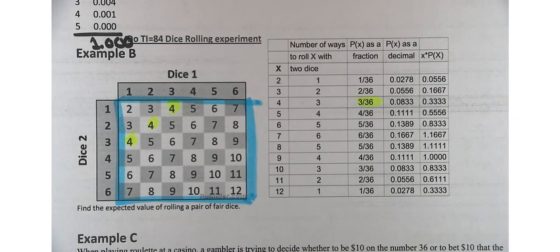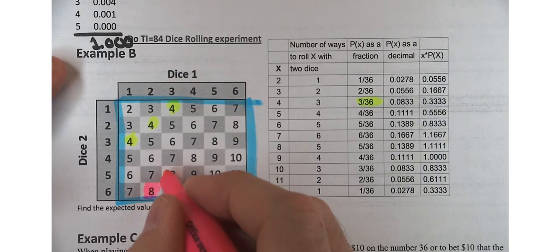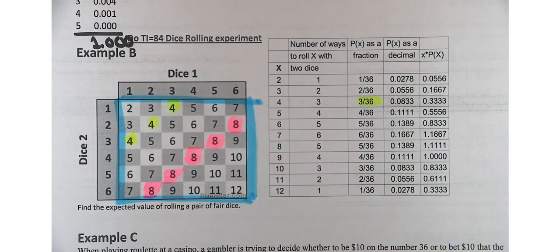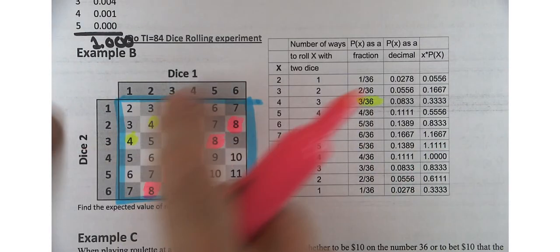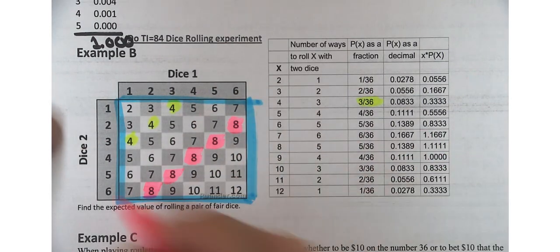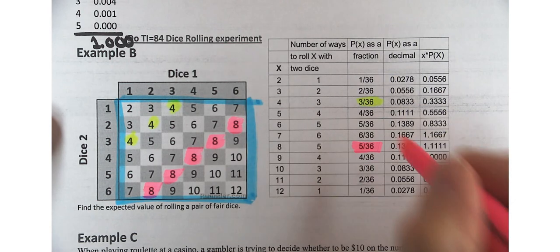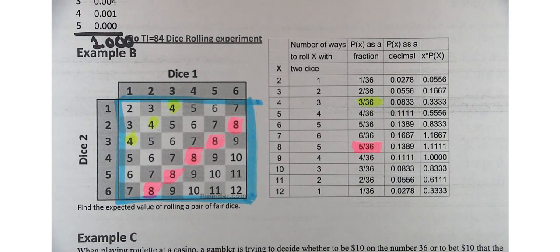How about the probability of an 8? What's the probability of an 8? How many? Yeah, 5 out of 36. There are 5 ways that the dice can total up to an 8 out of the 36 possibilities, so the probability of an 8 is 5 out of 36. And so on. You can keep on doing this all the way down.